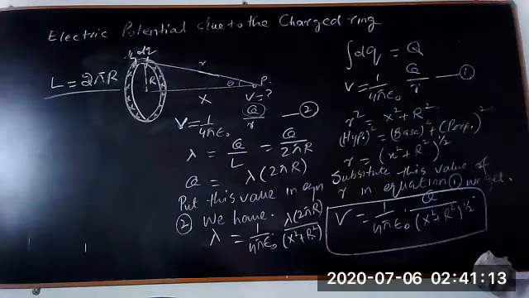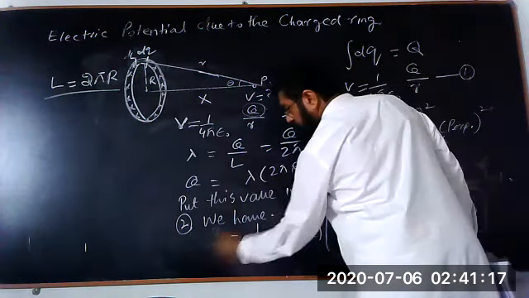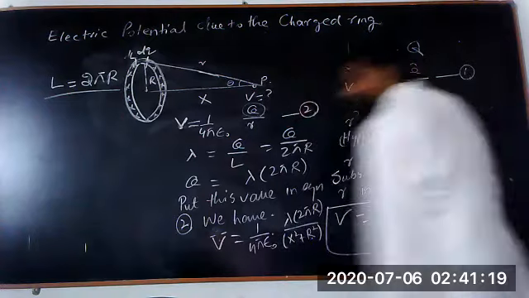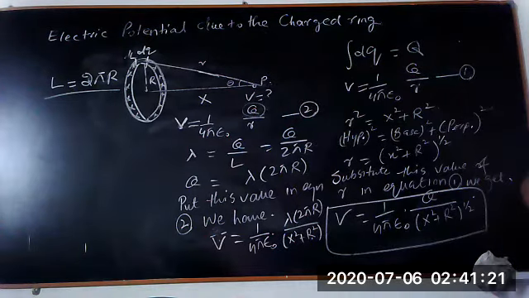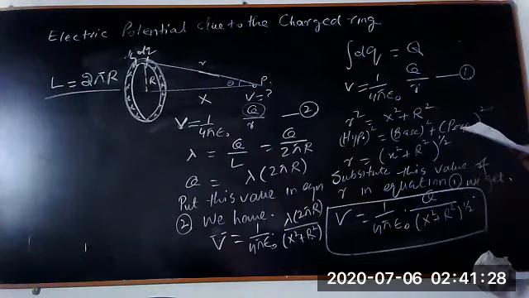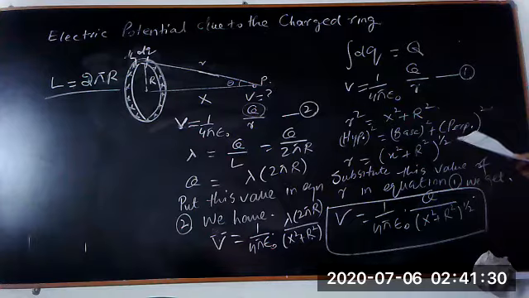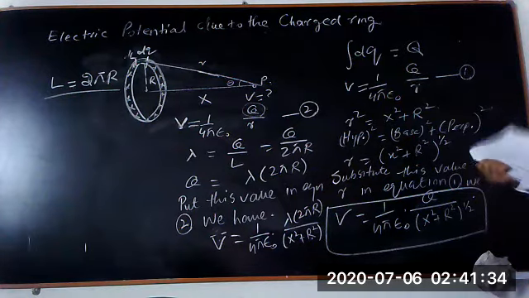This is the potential V, which is equal to 1 over 4 pi epsilon naught, lambda 2 pi R upon this. So this is what we have calculated, the potential at a distance x from the ring of charges.